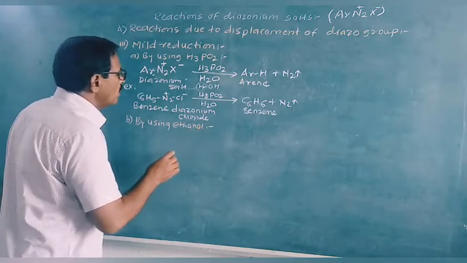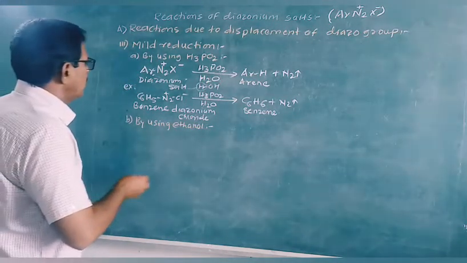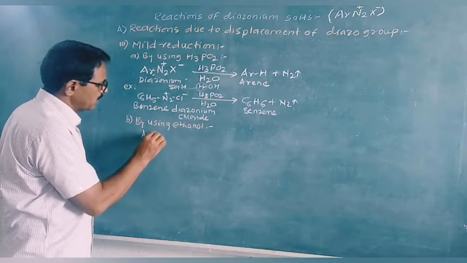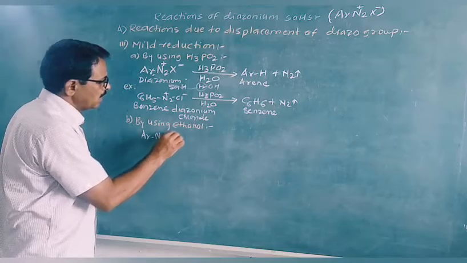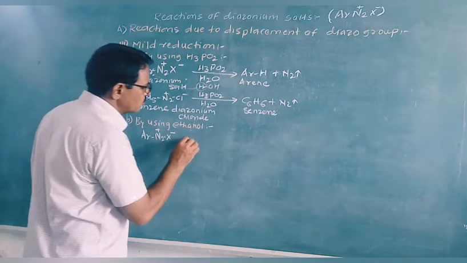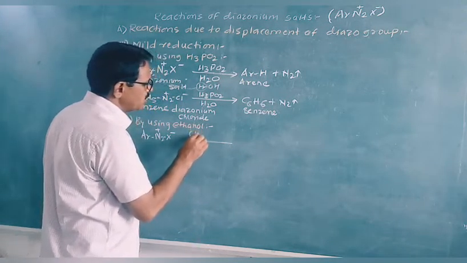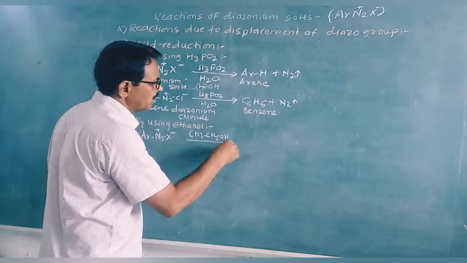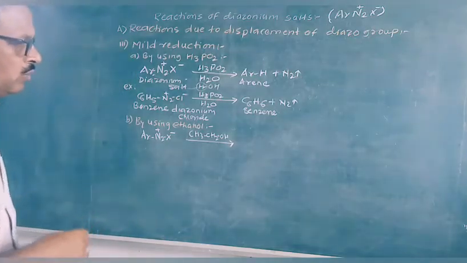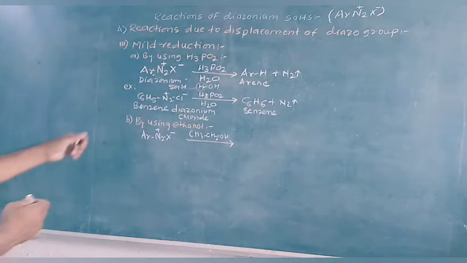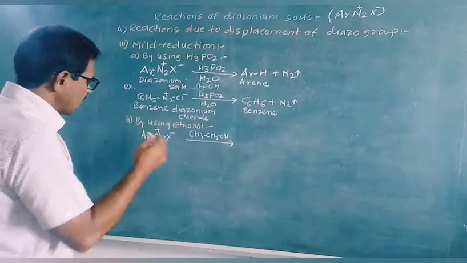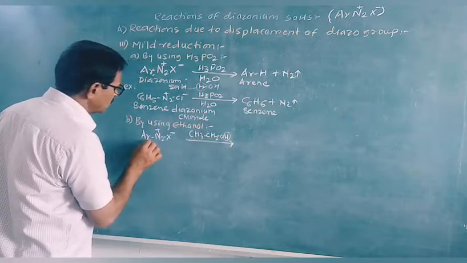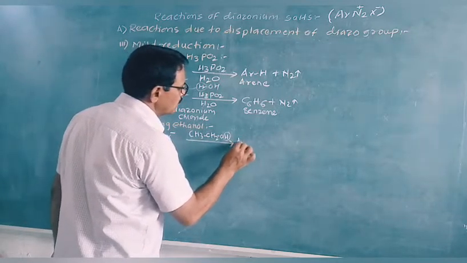Here now, when this arene diazonium salt, ArN2X, is reduced by using ethanol, CH3CH2OH, or C2H5OH, then again here one of the hydrogen atoms from this OH group is attached to this Ar, giving ArH.